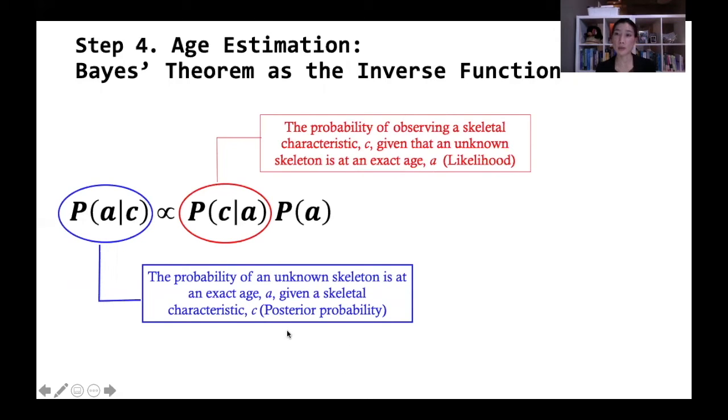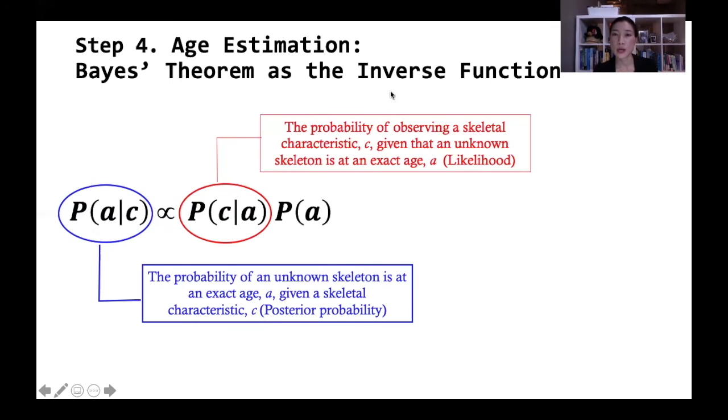However, what we get based on the skeletal data, that is the CT scan data, is the probability of observing a certain skeletal trait given a certain age, which in Bayesian terminology is called the likelihood. In order to go from likelihood to posterior probability, we need one more probability.